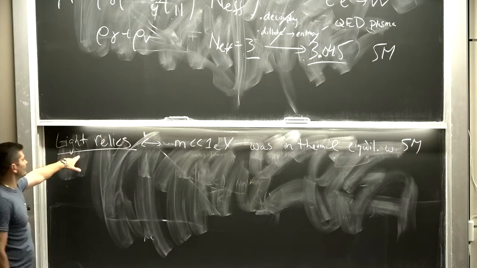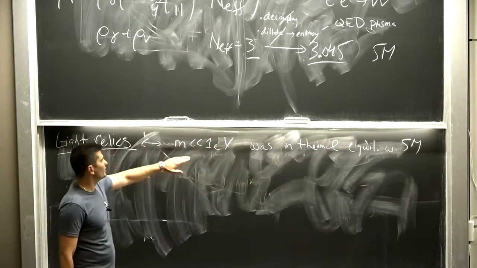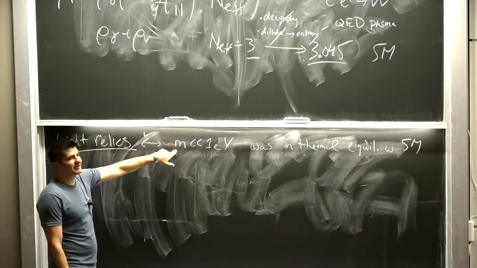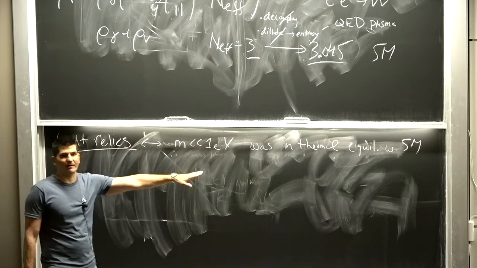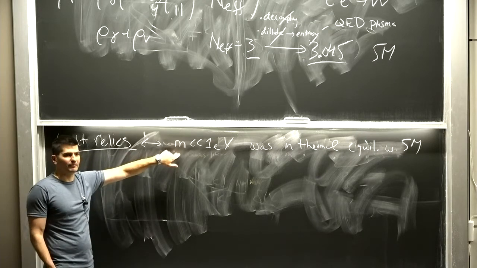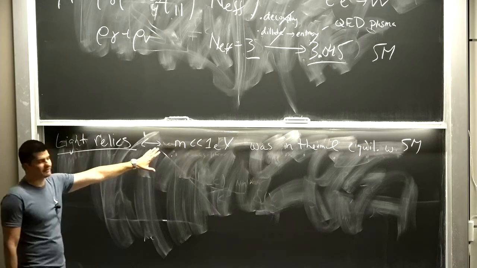The reason this is sufficient is because if it was in equilibrium, then we know that at some point it was relativistic. It's pretty hot. Because the mass is very small, given what we know about the temperature, which we'll talk about in a second, it will basically be relativistic at the time of recombination, so it will look like radiation. This is a sufficient set of assumptions to make that work.